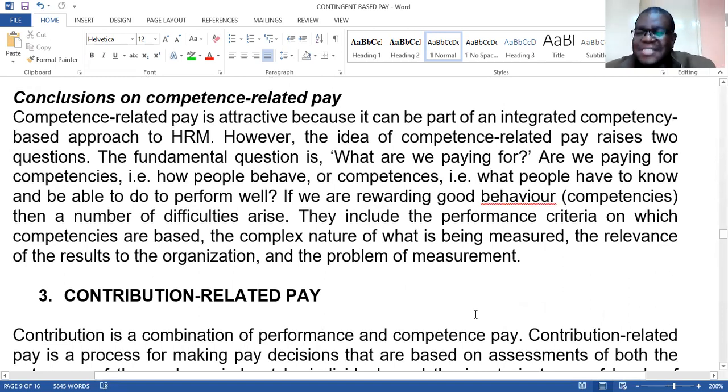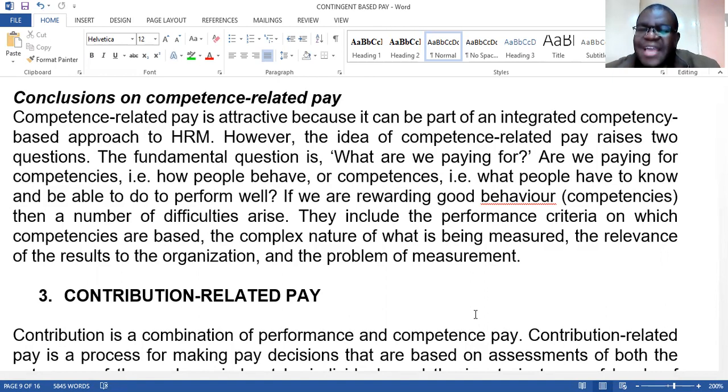You ask yourself, what are the competences we are willing as an organization to pay for? What is it that the employees should possess for which we are willing to pay? Is it behavior? Or is it certain competence that employees should have?